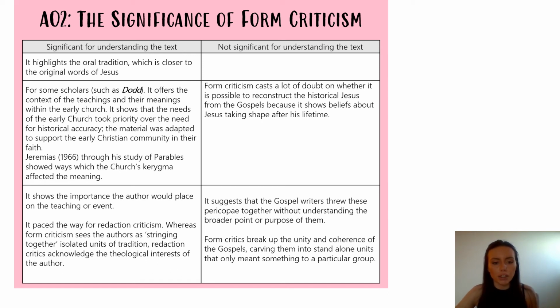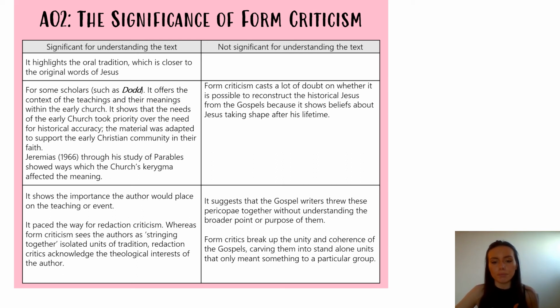The final row looks at how form criticism helps us understand the importance the author placed on certain teachings or events, and it does also pave the way for redaction criticism, which is going to be a separate video, so keep an eye out for that, please.